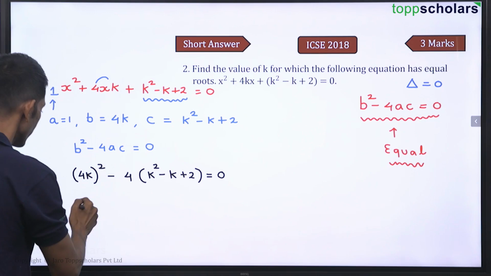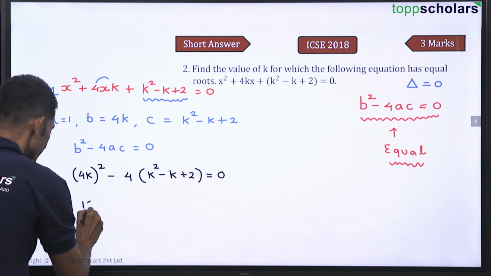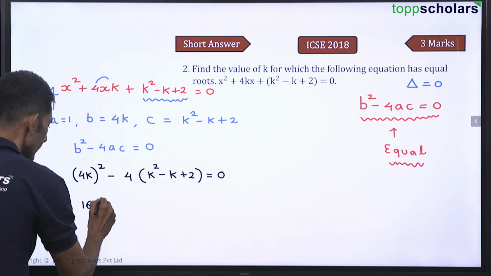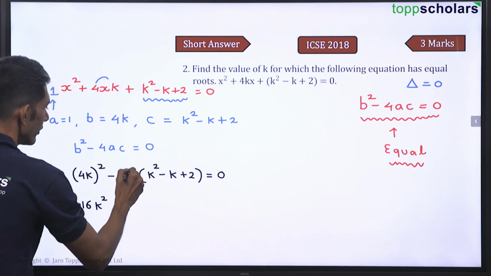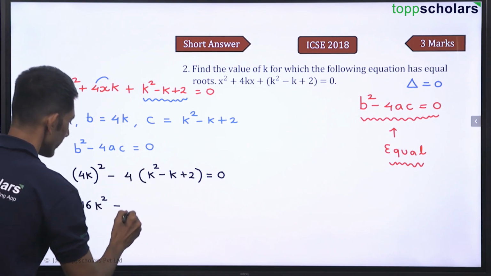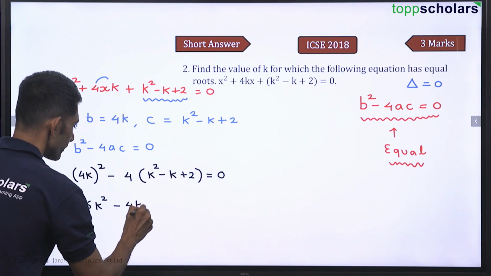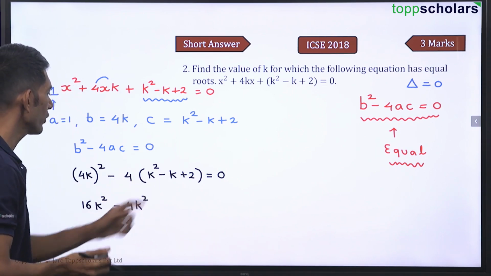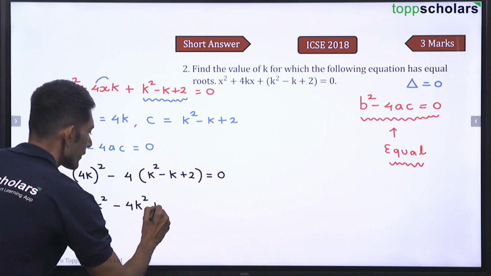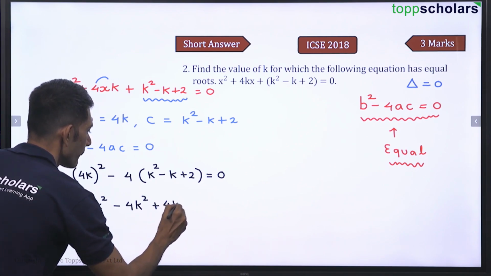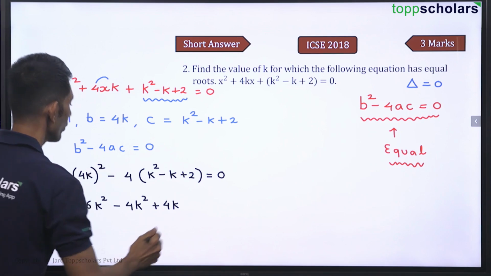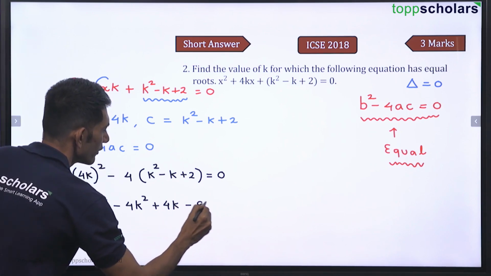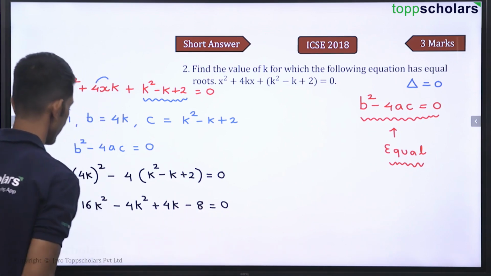Now see, this becomes 16k square minus 4 into k square is 4k square, minus 4 into minus k is plus 4k, and minus 4 into plus 2 is minus 8 equal to 0.